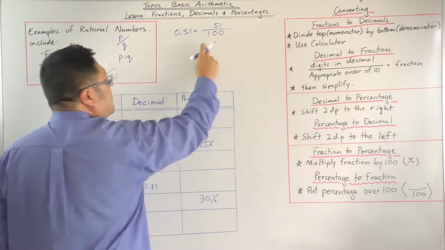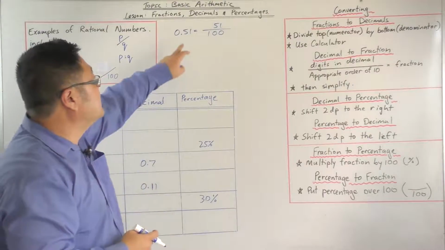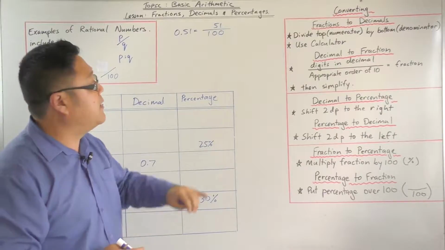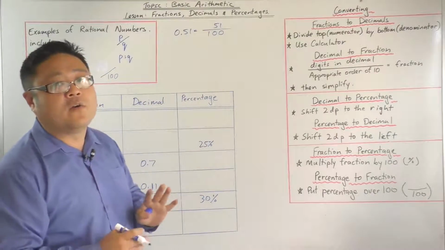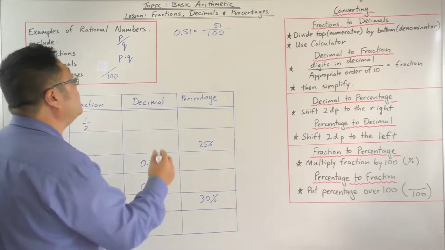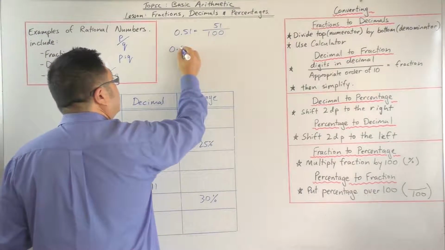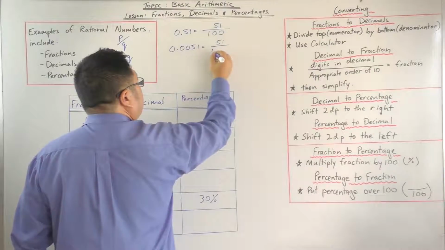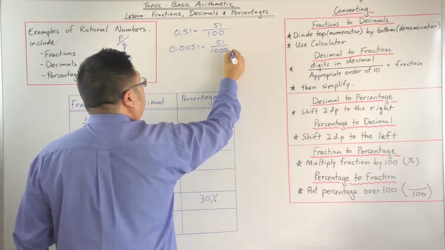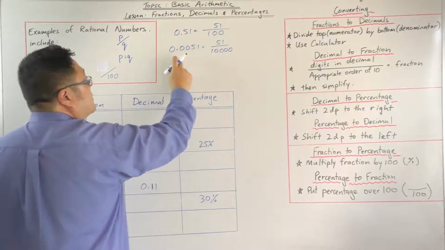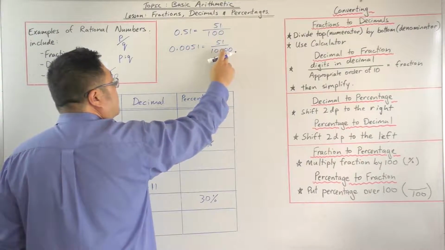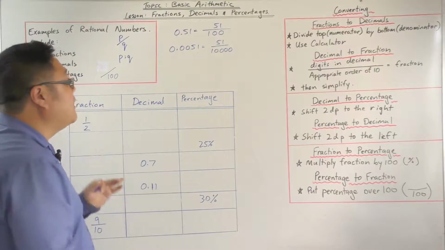The number of zeros will be equal to the number of place values behind the decimal point. So it's 51 over 100. If you had, for example, 0.0051, you would have 51 over 1 with 4 zeros: 1, 2, 3, 4. So it'd be 1 with 4 zeros.